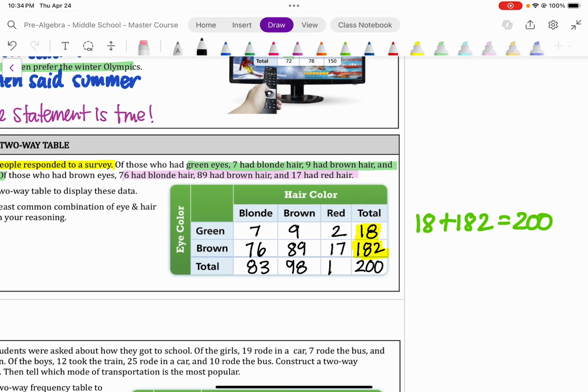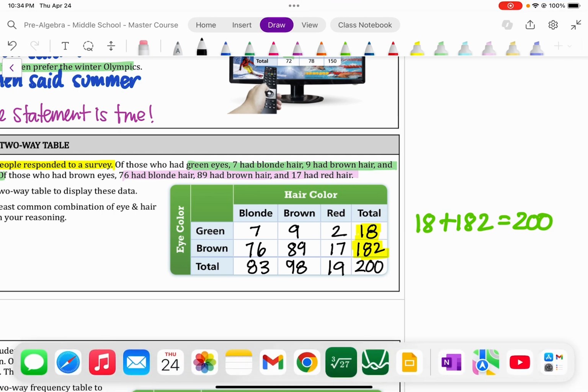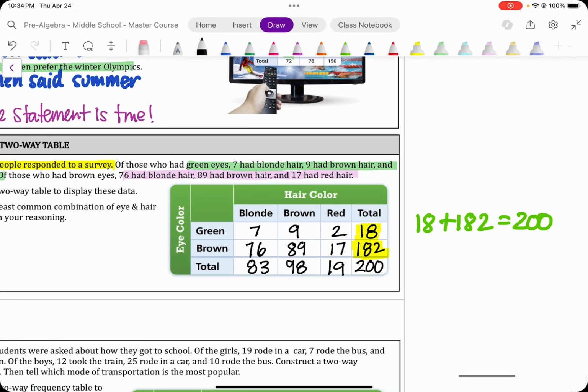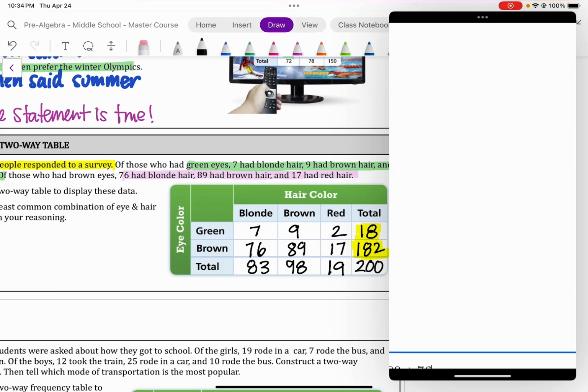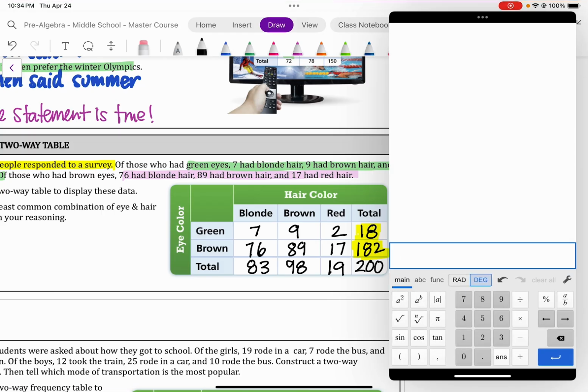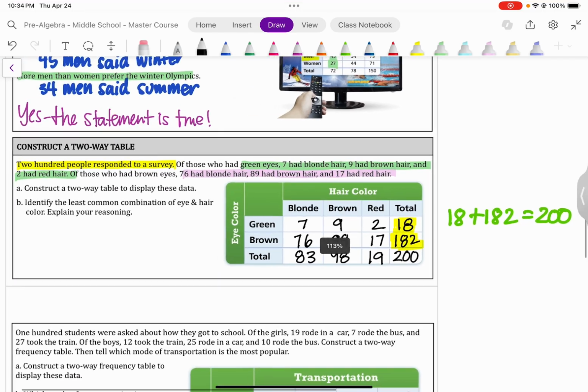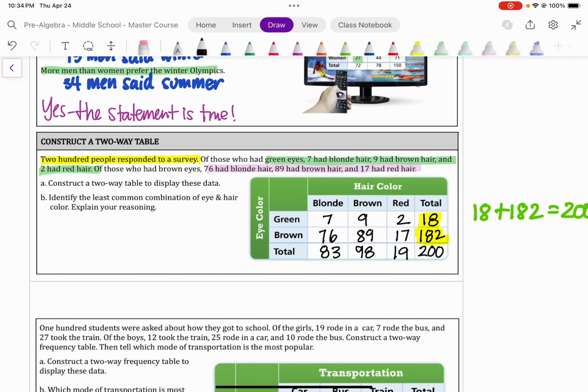And 17 plus 2 equals 19. And if I add those numbers up, 83 plus 98 plus 19, we're going to get a total of 200. So that was what we were supposed to do for A.